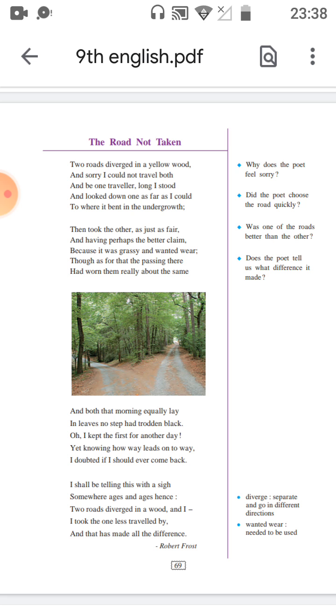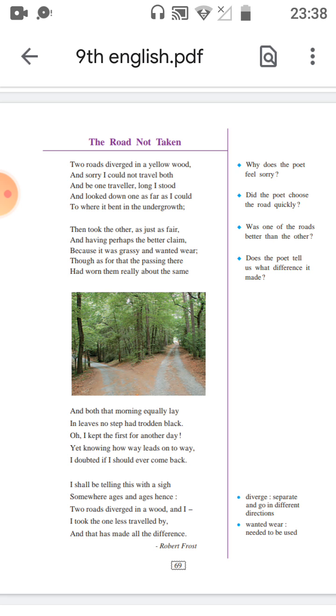Okay, then: oh, I kept the first for another day. Here the poet only selected one road, and kept the first one for another day.